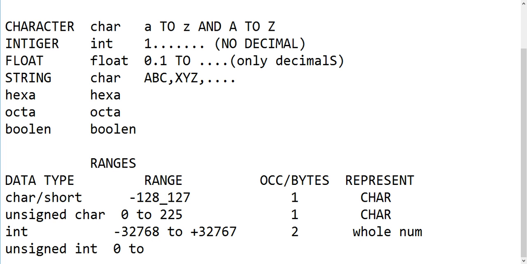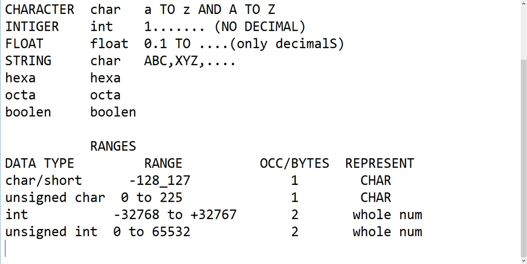It never goes negative. The range is up to 65,535. It occupies 2 bytes. And again, it represents a whole number.